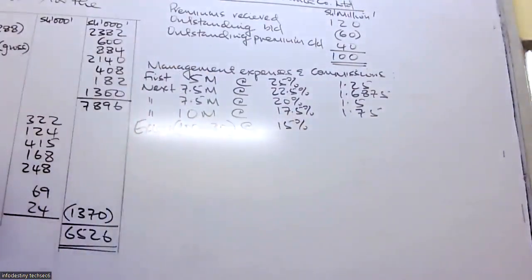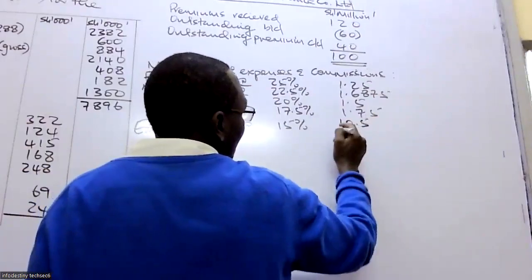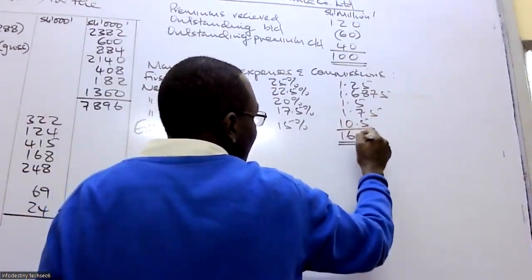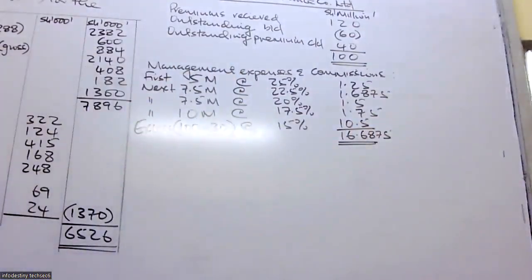So 15% of 70 should be 10.5. If you add this, you get 16.6875. So 16.6875 is what is permitted as management expenses. You will compare with what the company charged in their income statement.